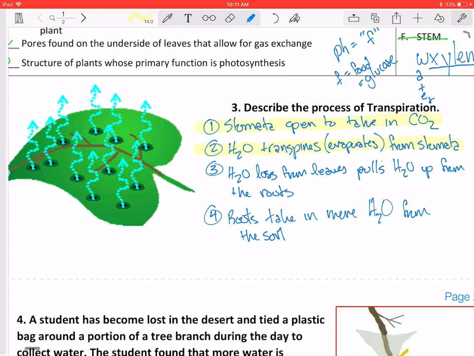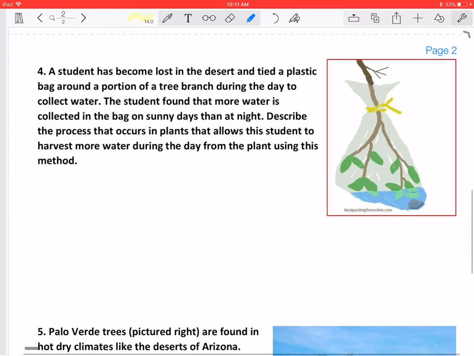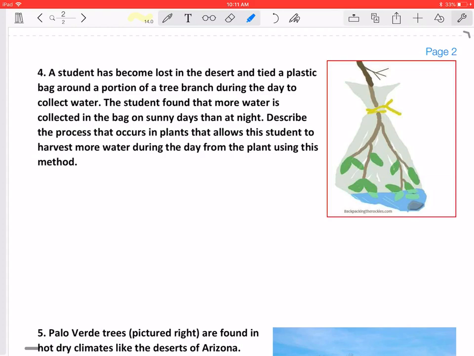All right, let's look at question number 4 on the back side, or page 2 here. A student has become lost in the desert and tied a plastic bag around a portion of the tree branch during the day to collect water. The student found that more water is collected in the bag on sunny days than at night.